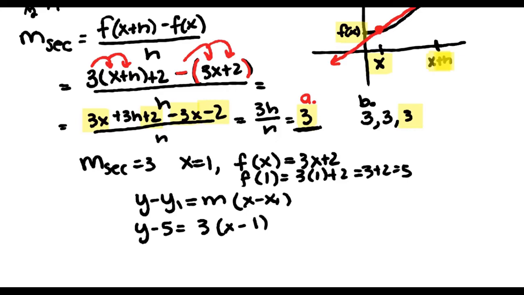I'll use the distributive property on 3 to get 3x minus 3 and add 5, and this gives y equals 3x plus 2. Y equals 3x plus 2 is the equation of the secant line.